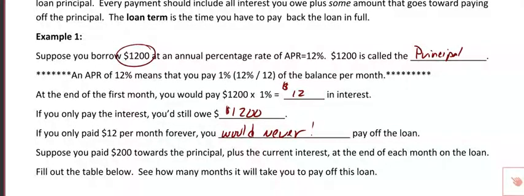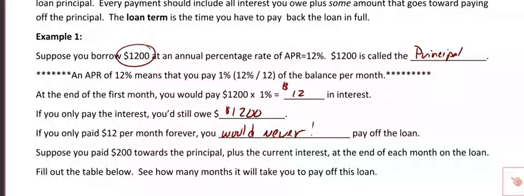So we can calculate the monthly percentage rate by taking the stated percentage rate, annual percentage rate, and dividing it by 12. So what we're doing is we're paying 1% interest every month of that loan. At the end of the first month for this particular loan, I would pay $1,200 times 1%, which would be $12 in interest.